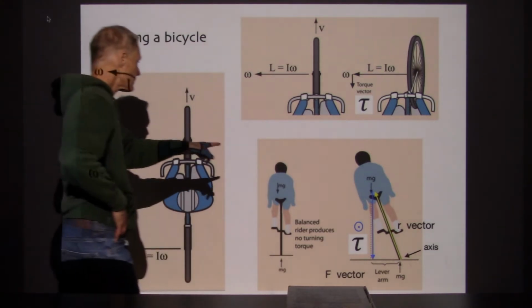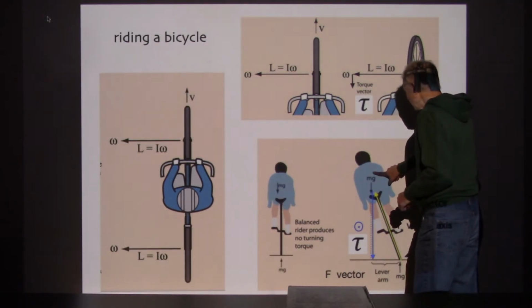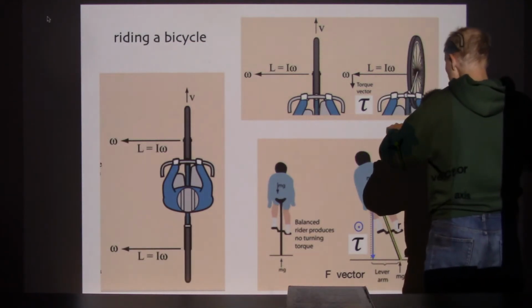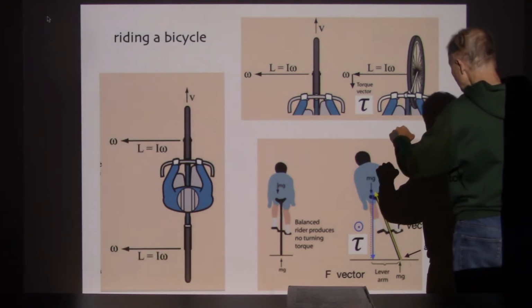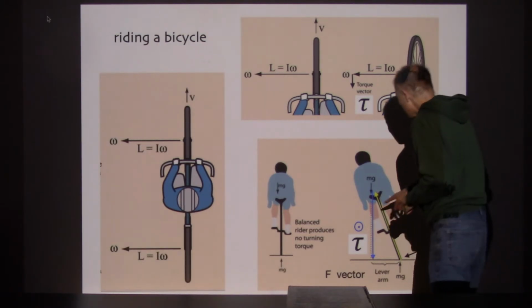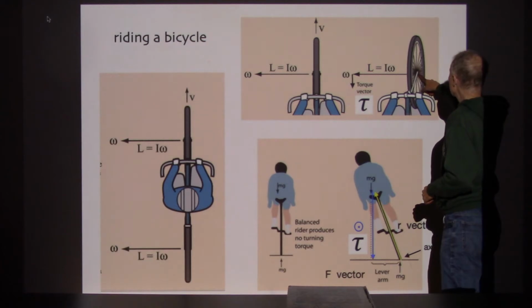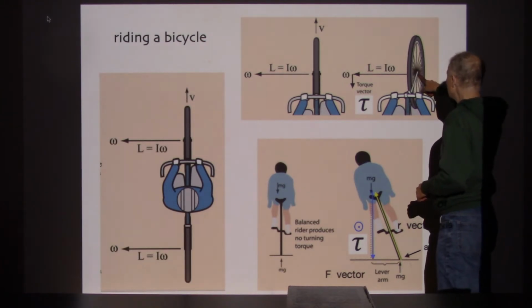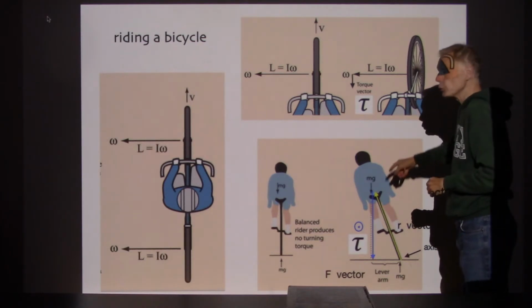So in this lower picture, what's happening is the bicycle rider is leaning to the left. If the bicycle rider just leans to the left, then there is a torque that redirects the angular momentum, and the wheel will turn in the direction that you have leaned.